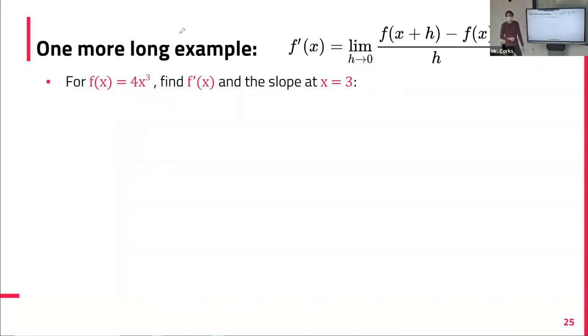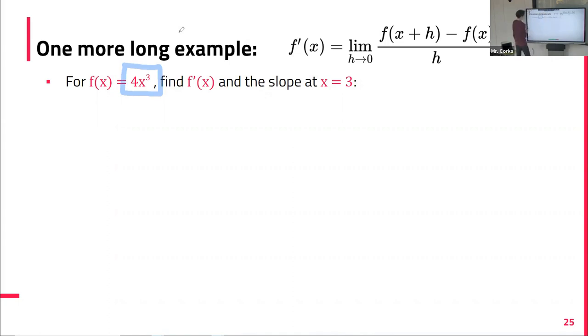We don't want to do that every time. We want to have shortcuts and more clever ways of doing that. So we'll do it a long way one more time, and then we'll notice a pattern, and then we'll just use our shortcut rules after this. But we're going to do this long way again with this function, 4x cubed.